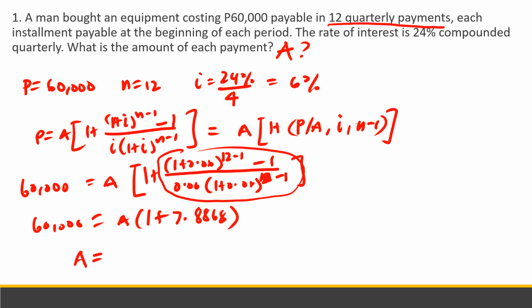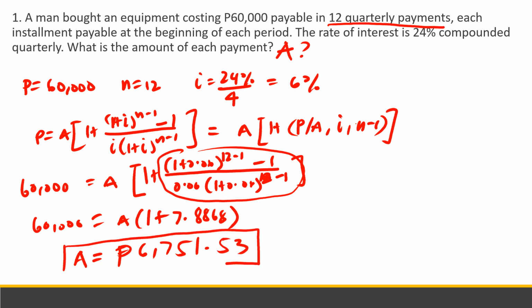So the equal amounts na ibabayad niya for 12 periods is 6,751.53 pesos. So yan yung magiging installment payments niya for 12 periods.